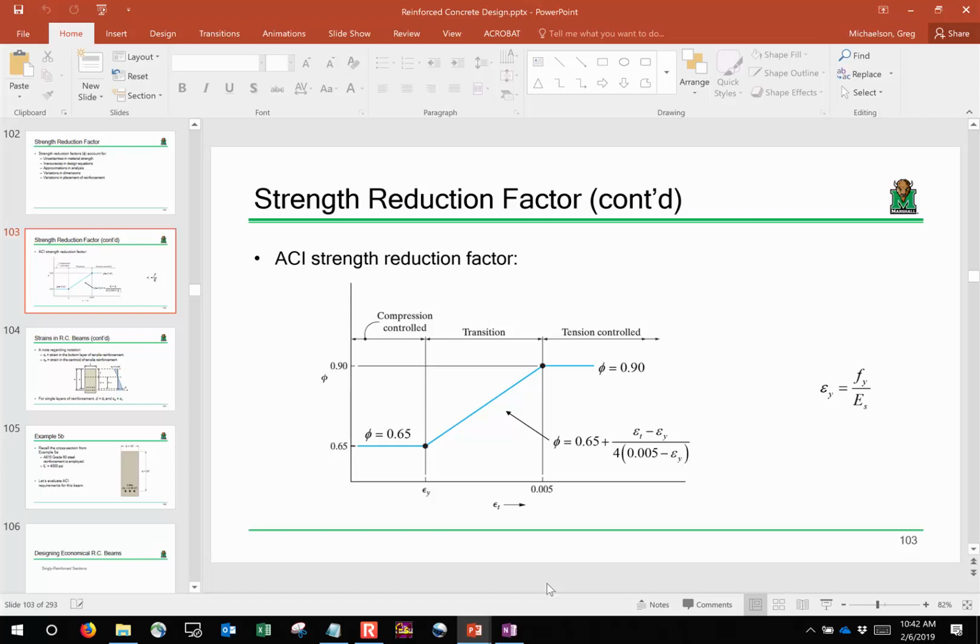So what was epsilon sub y? We just computed it. It's like 0.002. So that would be when a compression-controlled region starts, if the strain was below yielding. But let's be clear, in beams, that'll pretty much never happen.